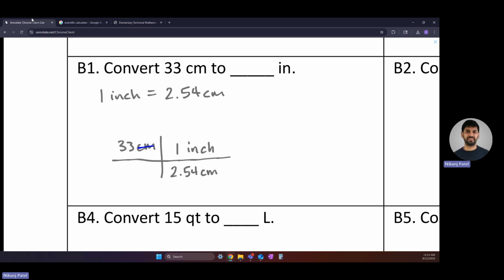And just like before, we can cancel and then just multiply straight across, which leaves us with 33 times 1, or 33, and in the denominator, 2.54. Now when you do this, you'll end up getting in your calculator 12.992. And now our answer is in inches.